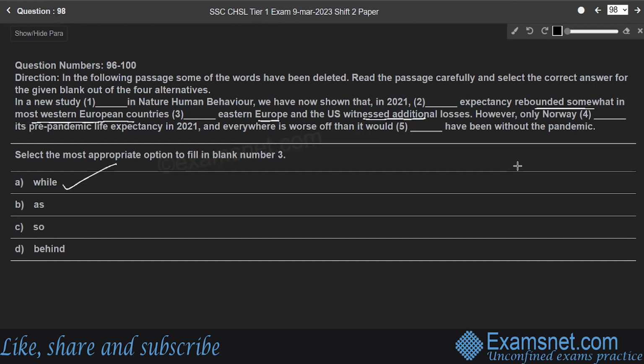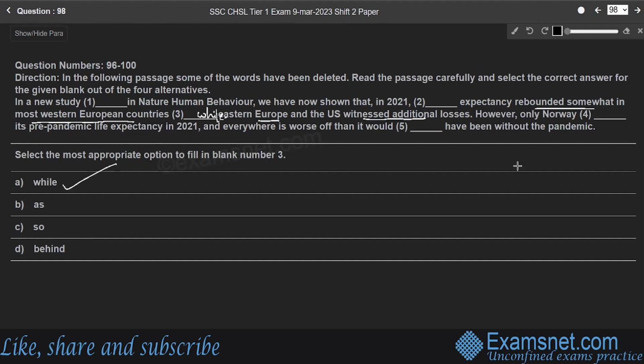The sentence is discussing the contrasting situations of life expectancy, rebounding in most Western European countries and additional losses in Eastern Europe and the US. Therefore, the word while is used to introduce the contrast between two contrasting ideas or situations. Therefore, we use while here.